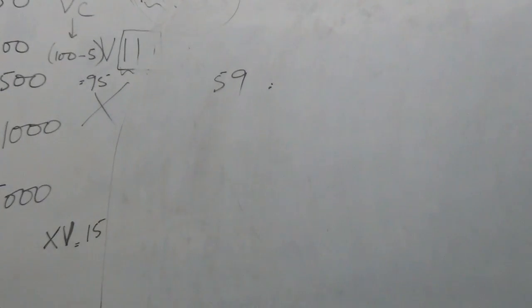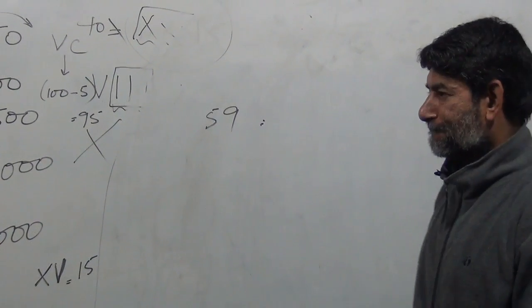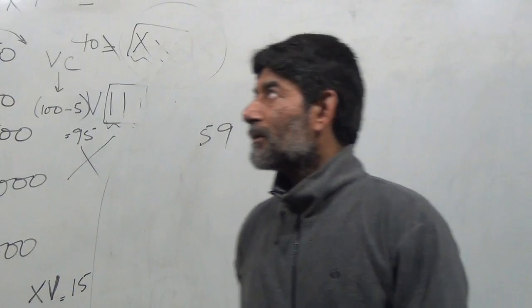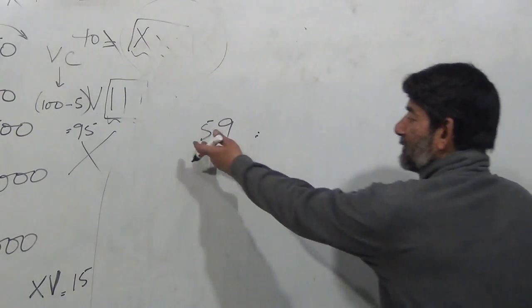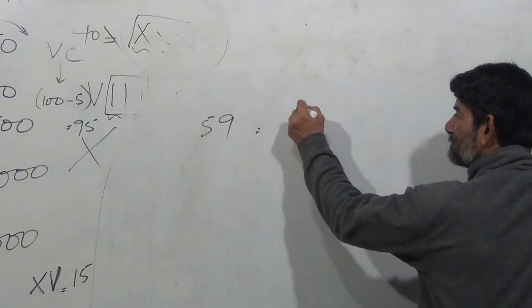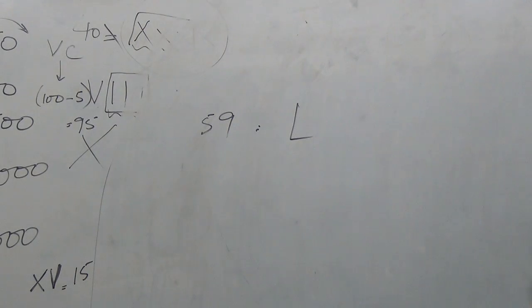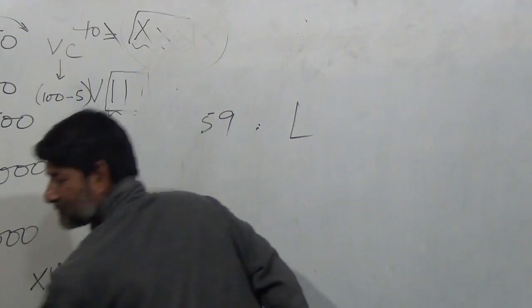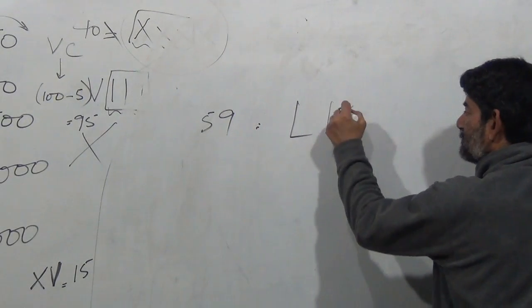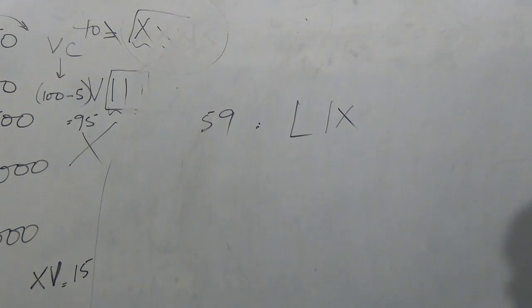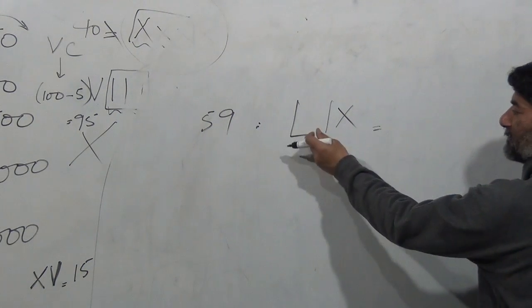How will you represent the number 59? We have a symbol for 50. We have a symbol for 9. There's no problem. This is 59.